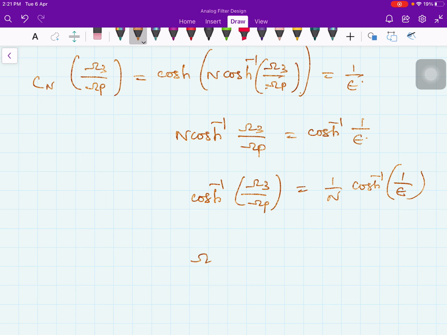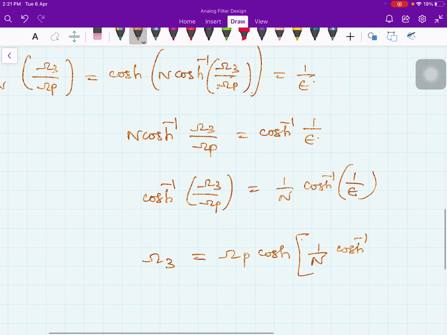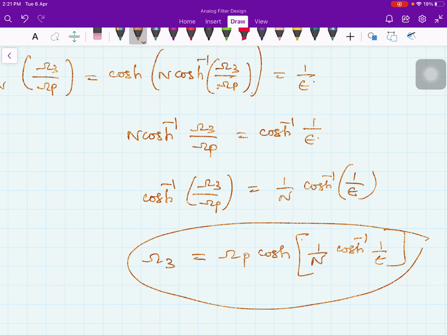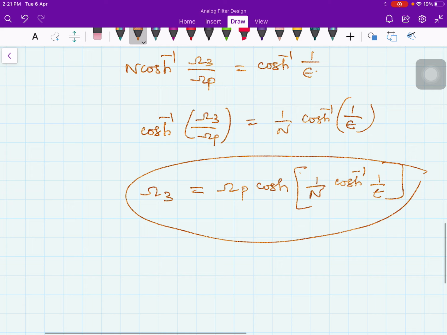So from this, if we simplify, omega 3 is equal to omega p times cosh of 1 over n cosh inverse 1 by epsilon. So this is how you will find out the 3 dB cutoff frequency of the Chebyshev filter. Okay, so this is the expression for the 3 dB frequency.